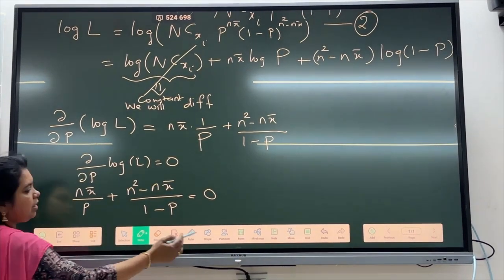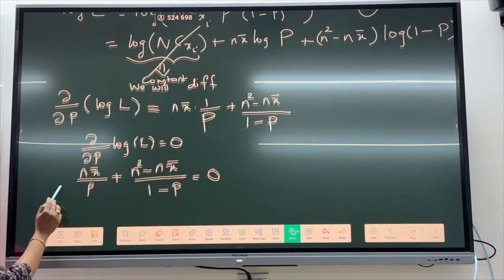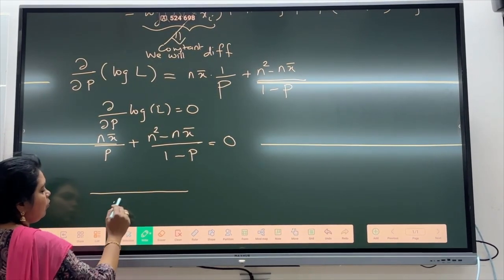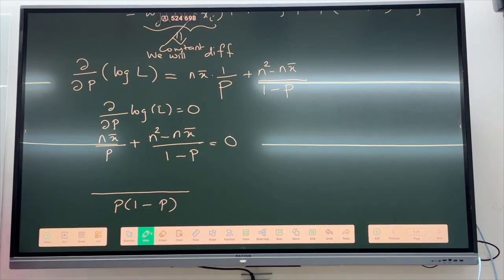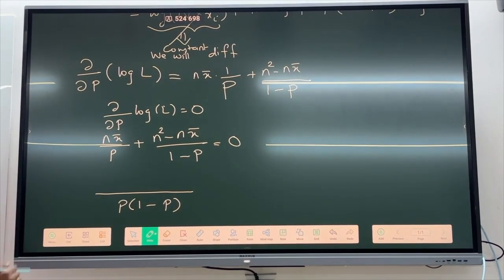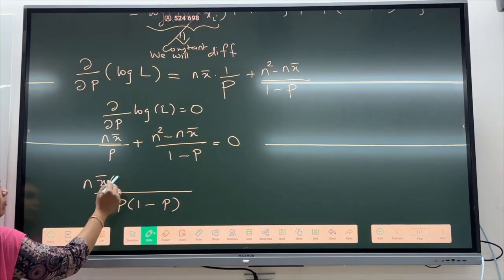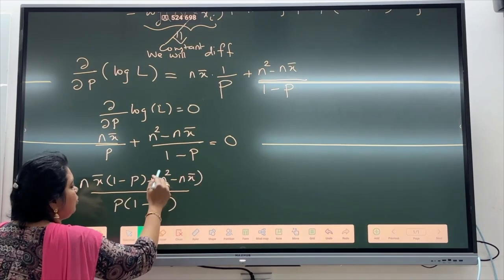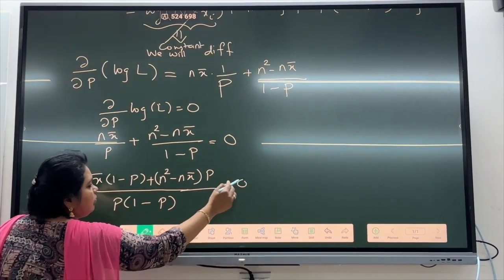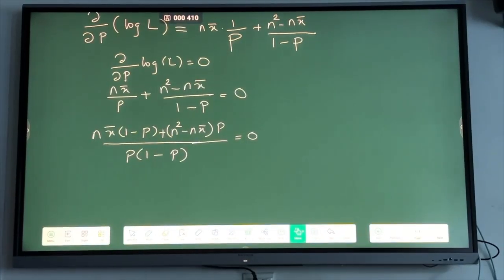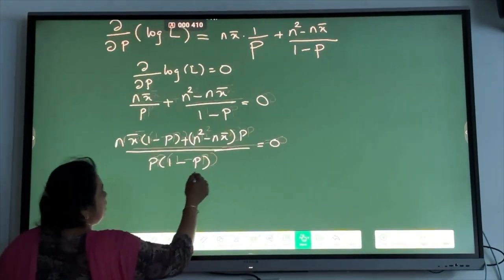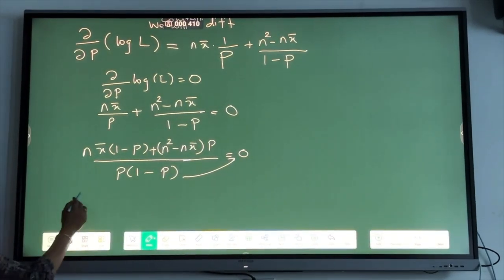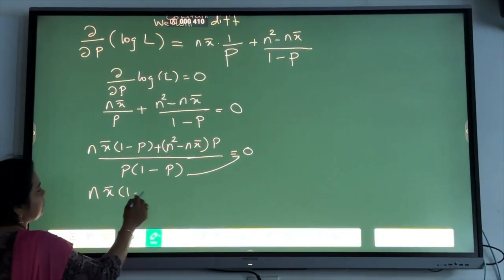Now what is the LCM here? The LCM is P into 1 minus P. Cross multiply: n x bar times 1 minus P plus N square minus n x bar times P equals 0. Now we know that the denominator becomes 0, so the numerator should be 0.